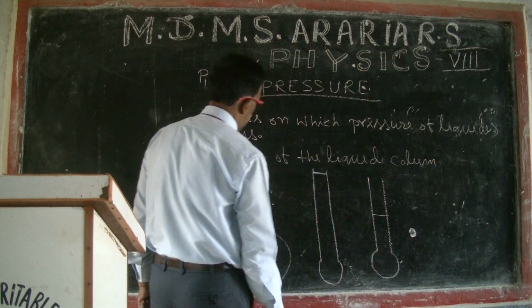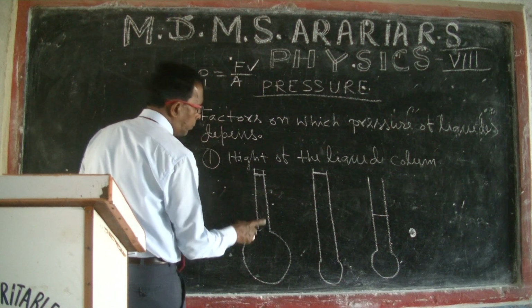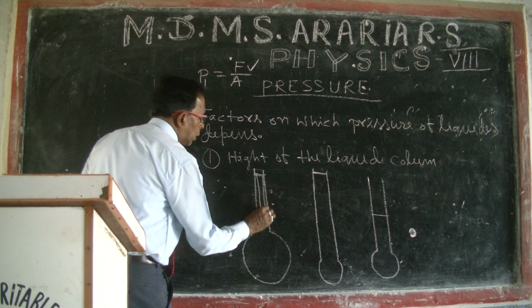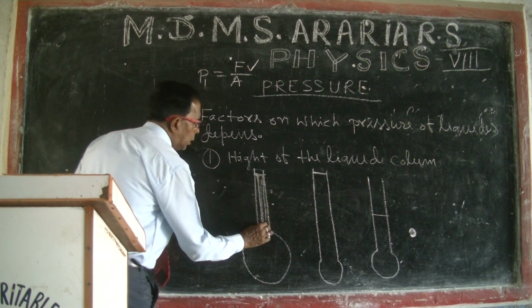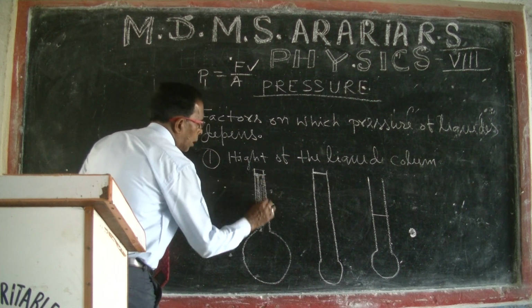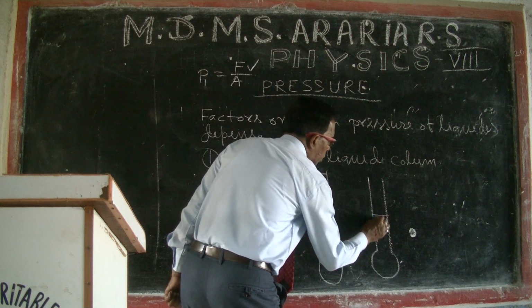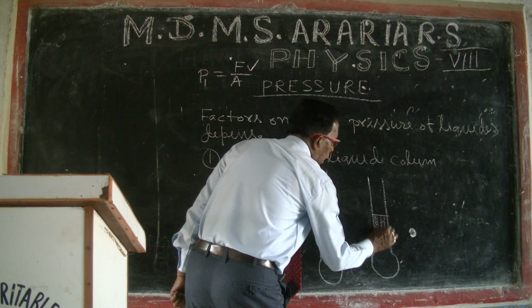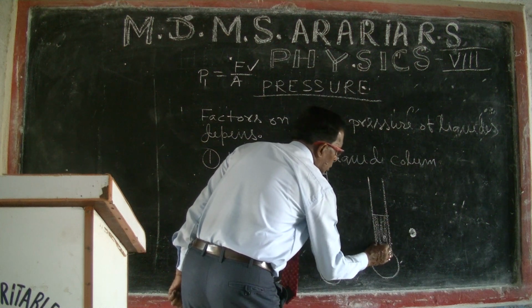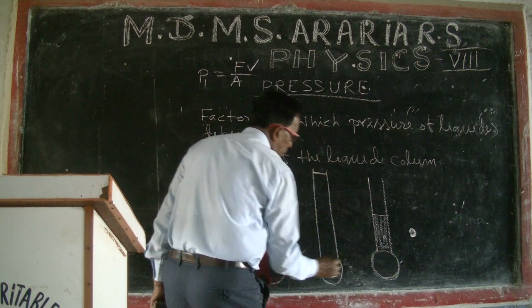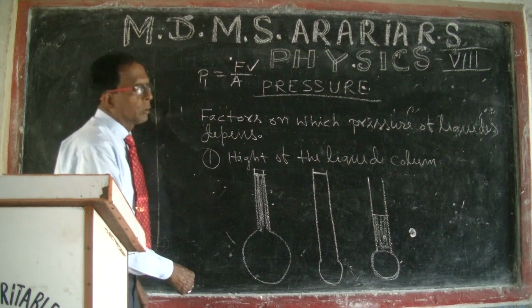Why? Here the pressure of the liquid is high because the quantity of the liquid, the column of the liquid, is large. And in this portion, the column of the liquid has less height, so the shape of the balloon is changed lesser in respect to this case.